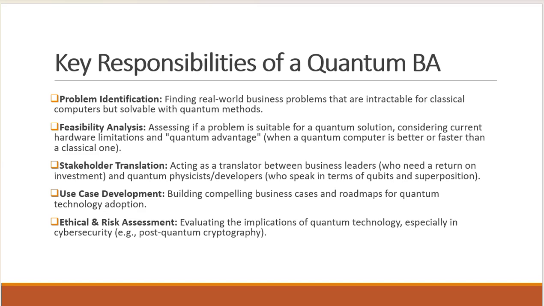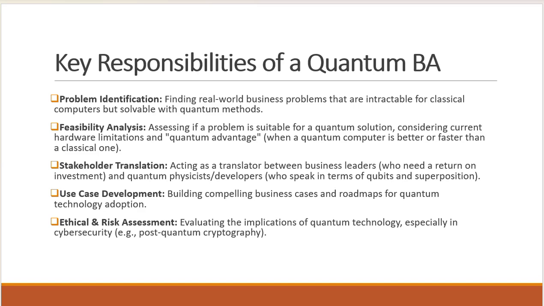Then stakeholder translation: acting as a translator between the business leaders who need a return on the investment, who provide the funding, and the quantum physicists and developers who speak in terms of qubits and superposition. Qubits and superposition are techniques used in quantum methodologies. So there are these roles, physicists and developers, and you interact with them, understand their development life cycle and what technology tools they are using to develop.